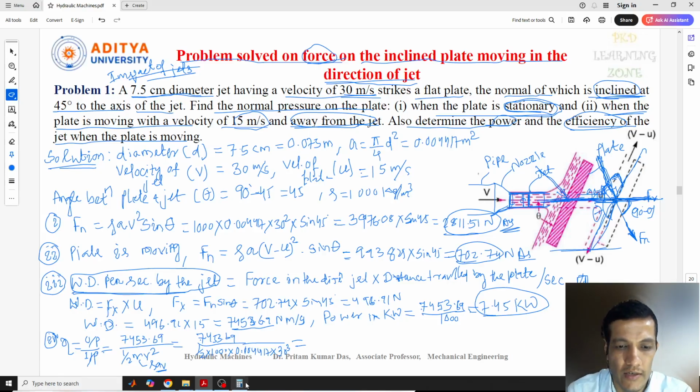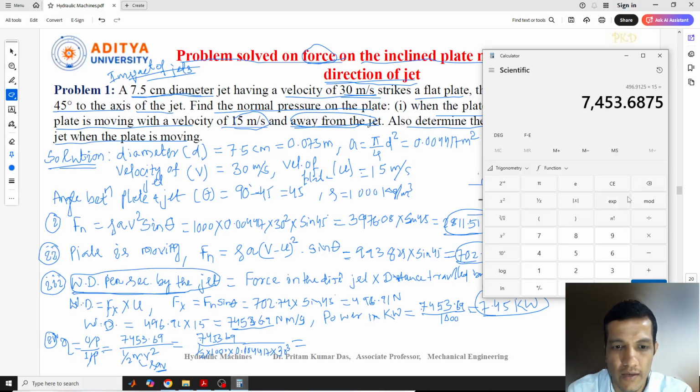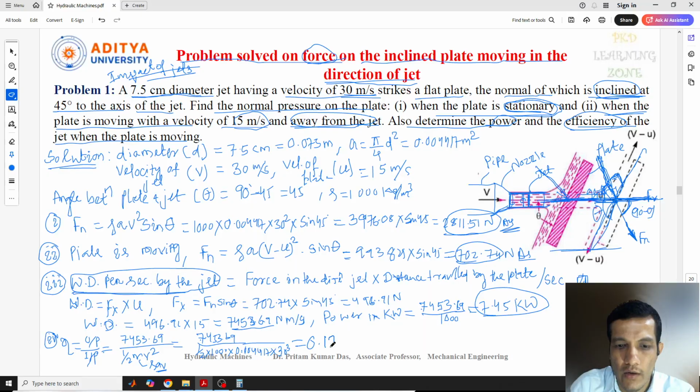Let's calculate this. First I'll calculate the denominator part, then we'll go for the numerator part. Divided by 0.5 multiply 1000 into 0.004417 into 30 cube. Yes, the value came: 0.125.